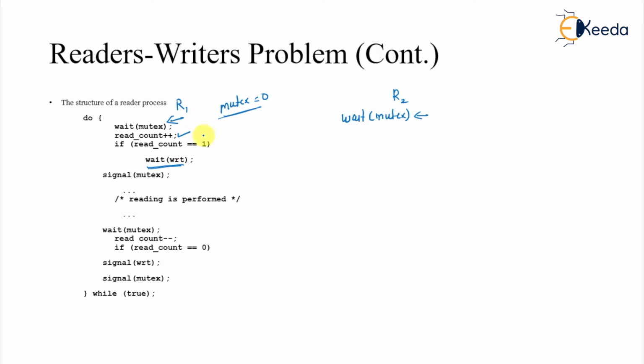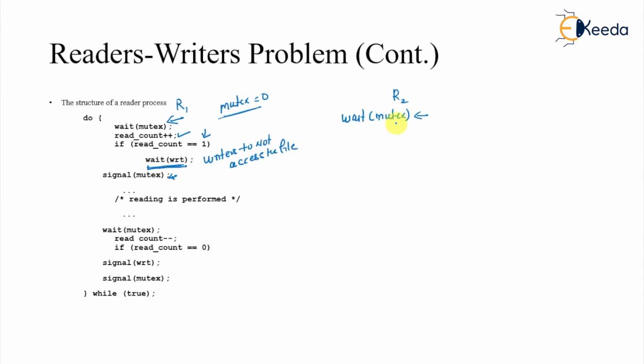If it is the first reader, it will lock the writers so they cannot access the file. Then it will signal mutex.